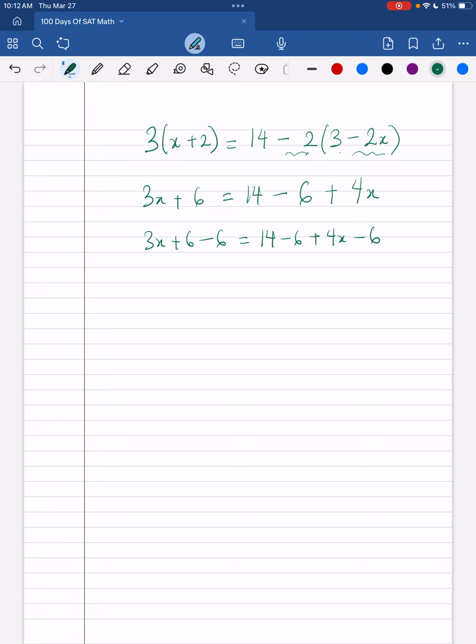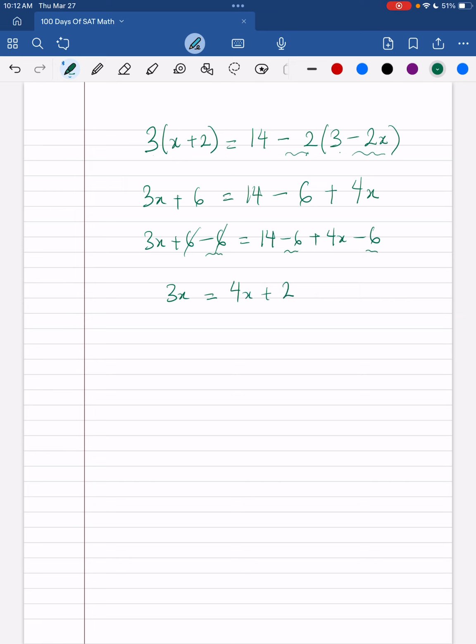Don't be mistaken about this -6 here. That was already there. This other -6 is what we do because we did the -6 here. All right. So now this of course cancels out. Then we have 3x equals 14 minus 6 is 8. 8 minus 6 is 2. So we have 4x plus 2 here.